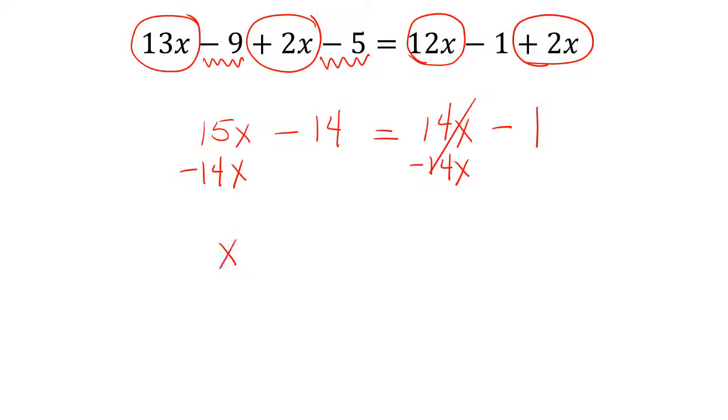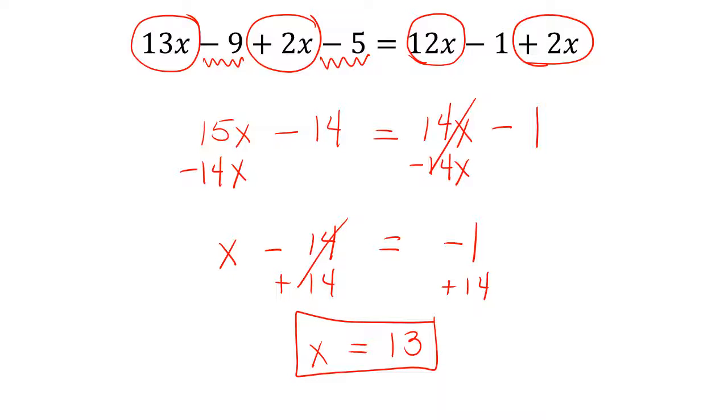That will leave 1x minus 14 equals negative 1. Again, with the addition property, I can eliminate the negative 14. Opposite of negative 14 is plus 14. Add that to both sides. X is equal to 13. That is my solution.